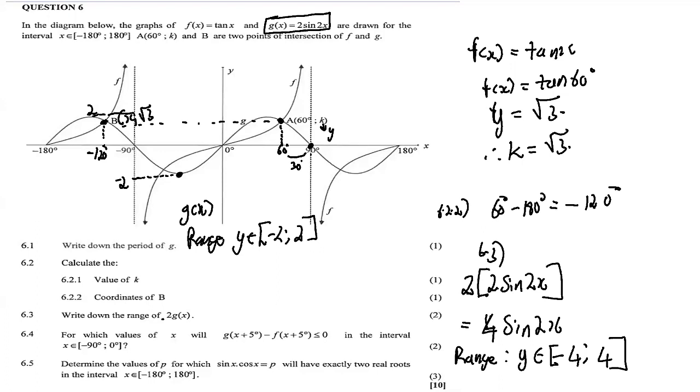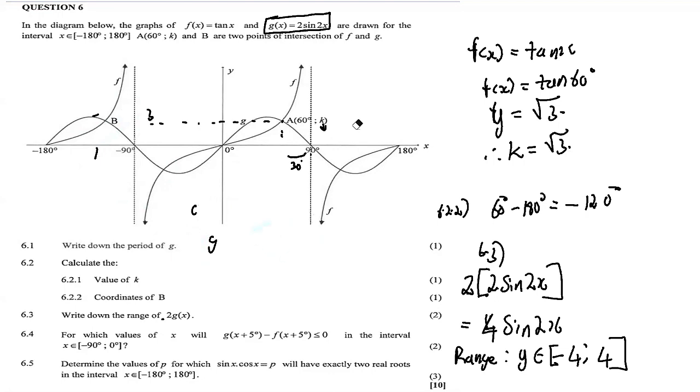So that means our new range now is -4 to +4, right? So it's just a matter of understanding that they increase the graph of g by a scale factor of 2, which will then impact our range. So basically, if I were to show you what happened here, this is what happened, guys, with that graph.